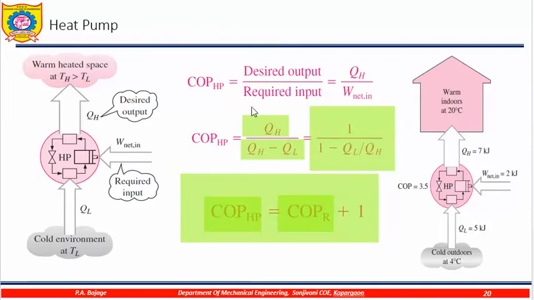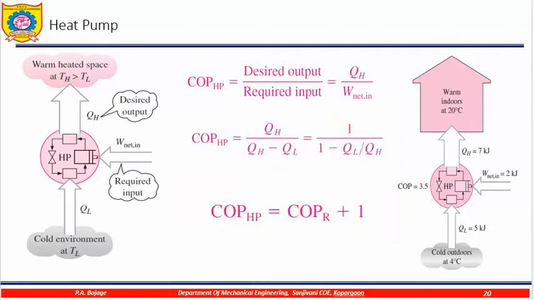In simple words, the COP of a heat pump is equal to the COP of a refrigerator plus 1, or you can say that COP of heat pump minus COP of refrigerator is equal to 1.